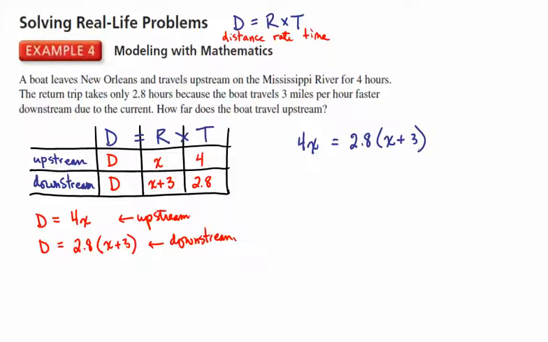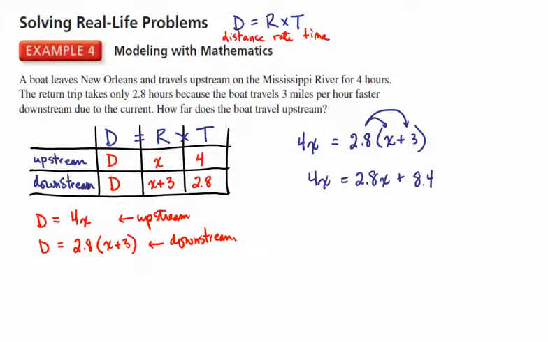Alright, so now we have an equation and we know what to do here. First we're going to distribute on the right side. So we need 2.8 times x. We'll bring down the 4x is equal to 2.8x. And 2.8 times 3 is 8.4. 2 times 3 is 6, 0.8 times 3 is 2.4, and 6 plus 2.4 is 8.4.